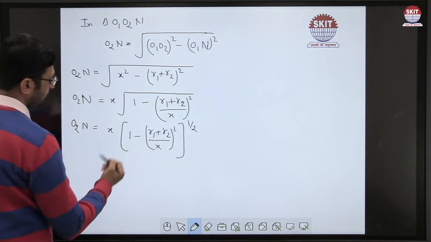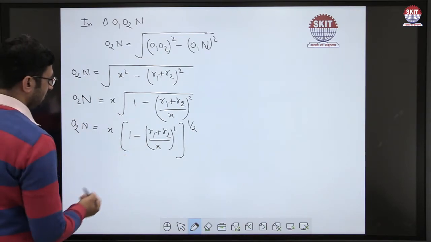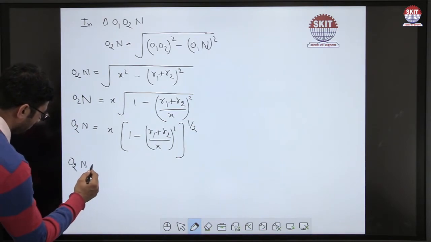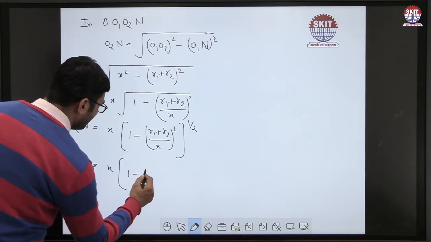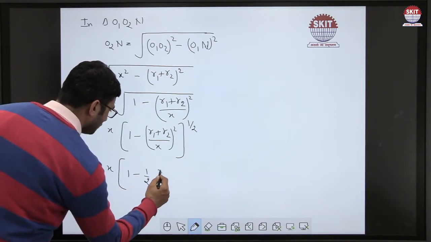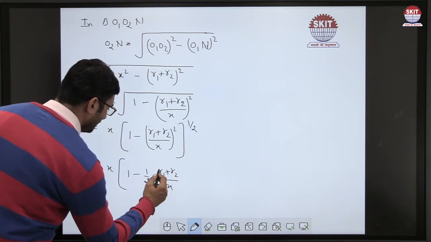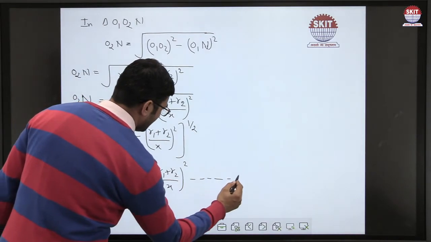And again we expand this mathematical expression, taking only the first two terms, and find that the O2N value is x times (1 minus 1 by 2 ((R1 plus R2) upon x) whole square), neglecting the remaining terms.